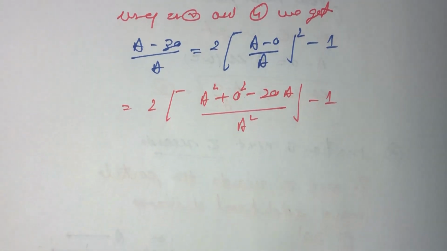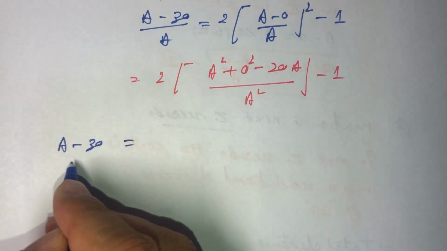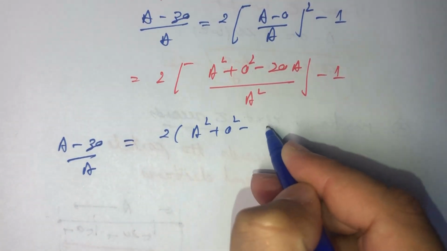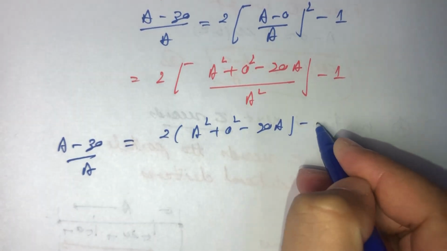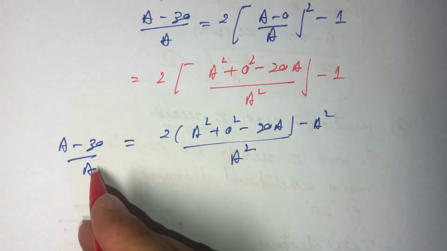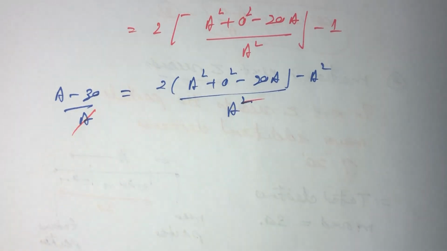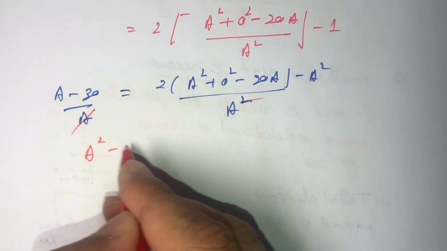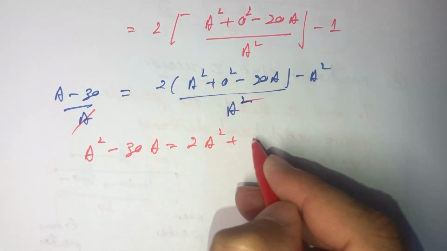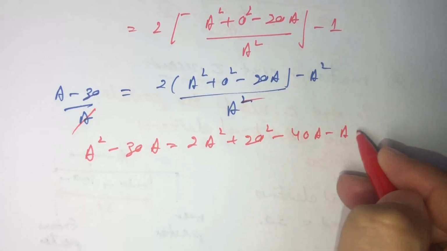Taking a square LCM, so this becomes minus 3a divided by a, so this is twice a square plus a square minus 2aa, and minus of a square, divided by a square. This a and a goes away, and cross multiplying it, we get a square minus 3aa, and this is equal to 2a square plus 2a square minus 4aa and minus a square.